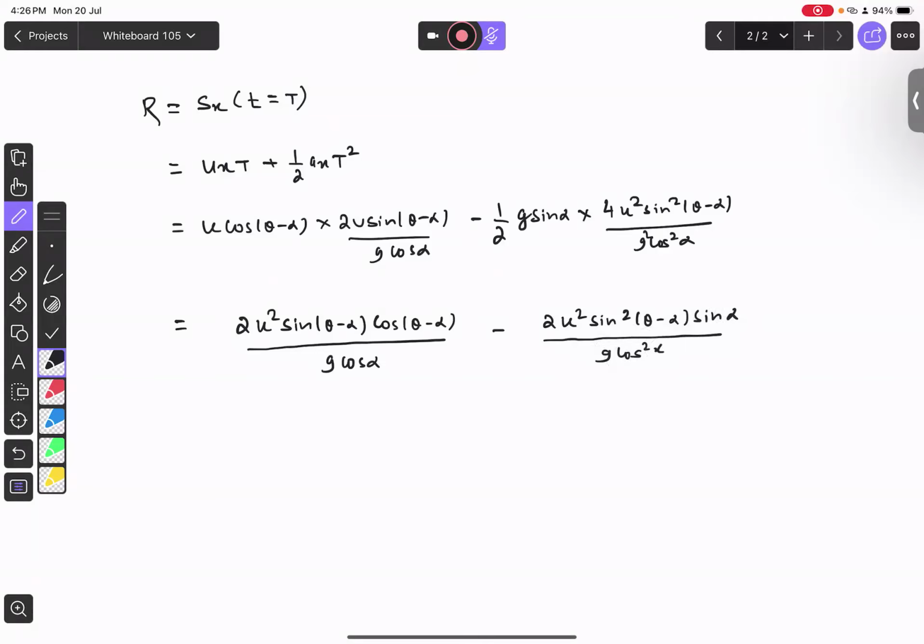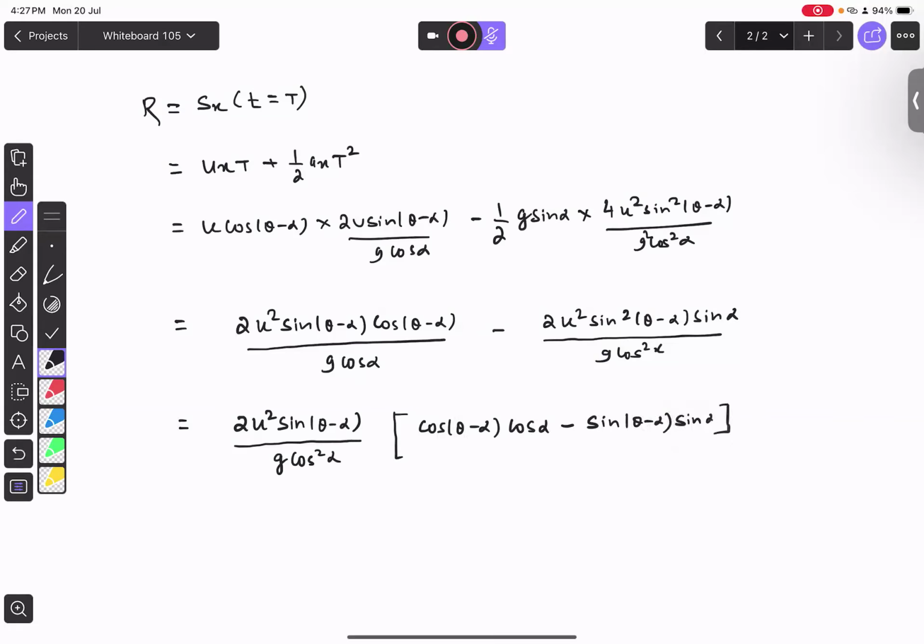So suppose I take common 2u square sin theta minus alpha, and in the denominator I take common g cos square alpha. If I do so, what will the first term become? Check that I'm correct or not. The first term will be cos theta minus alpha into cos alpha minus sin theta minus alpha into sin alpha.